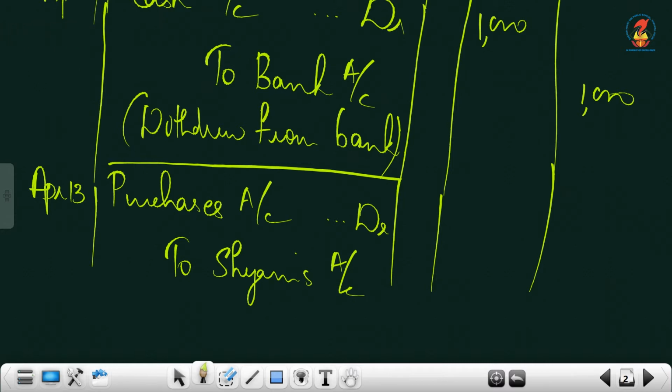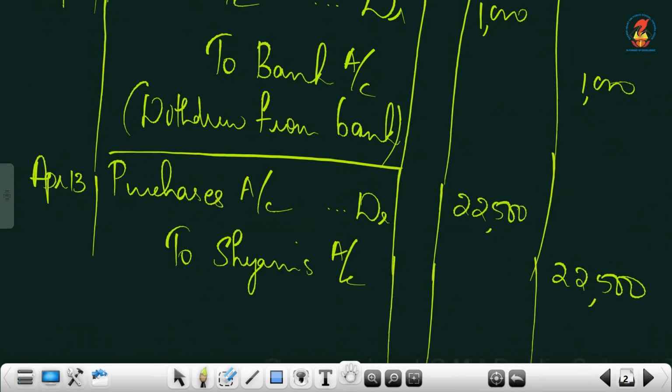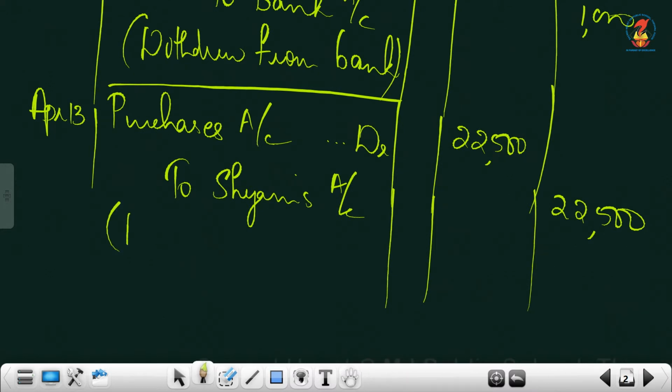And it is for rupees 22,500. The name is mentioned means it is a credit transaction. Don't go and write cash there. Bought goods from Shyam.